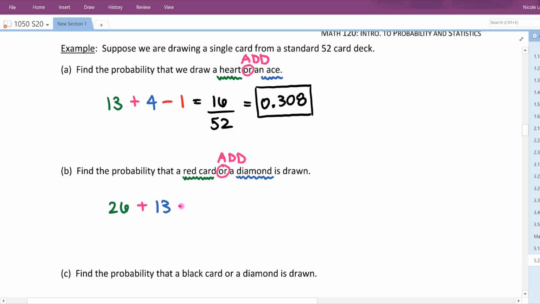If you add and subtract all of this, we end up getting 26, which we still have to divide by our total of 52. If you type that into the calculator, you end up getting 0.5, or a 50% chance.